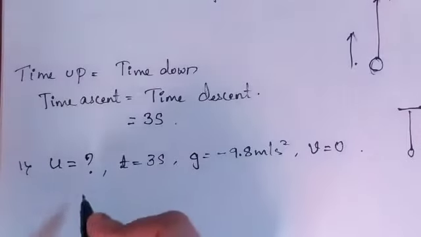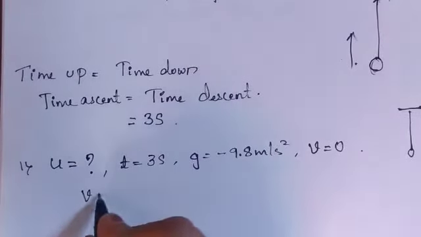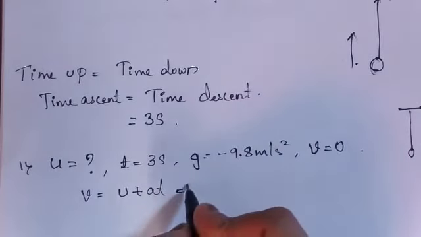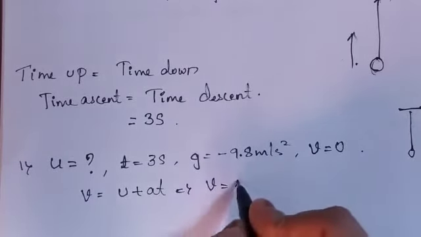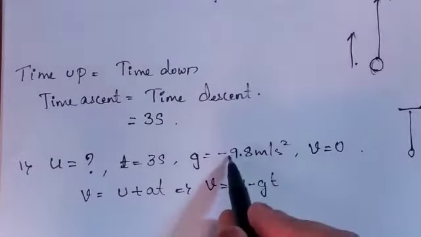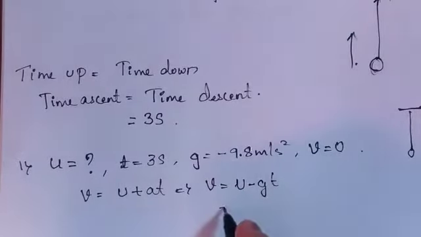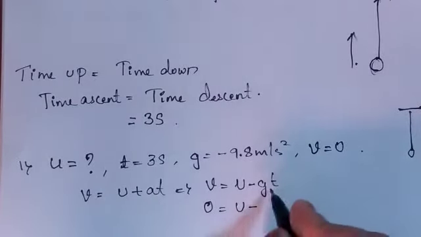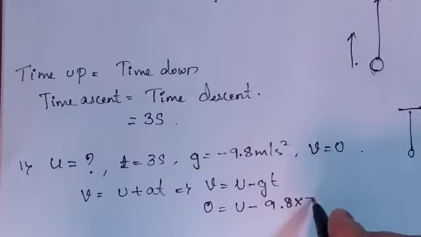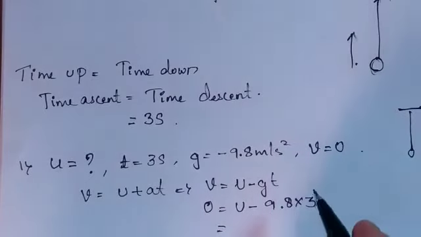Now you can find it using the formula V is equal to U plus AT. That you can change as V is equal to U minus GT, minus because the G value is negative here. The V value is 0. So 0 is equal to U minus 9.8 into 3.